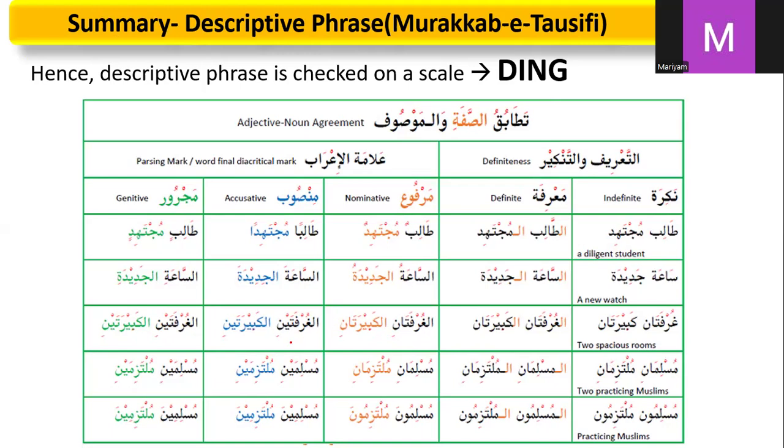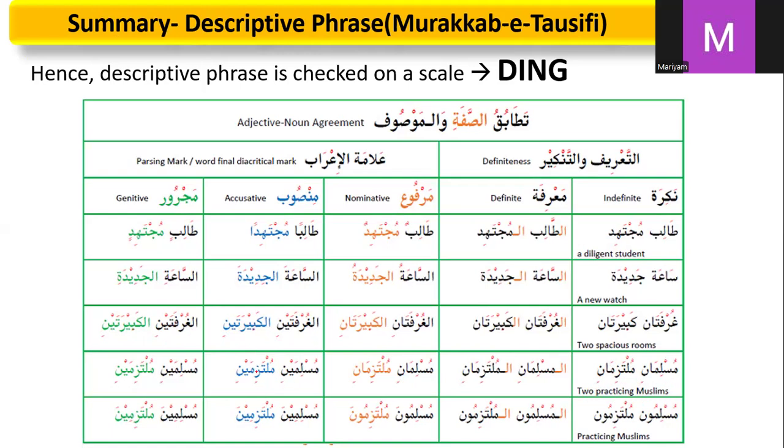But when it is accusative and genitive, it is aini, aini. Al-ghurfataini al-kabirataini. Here the same. Okay. If it is masculine, see here also the same: muslimani, multazimani. So two practicing Muslims. Now, if it is in the marfu state, it ends with ani.